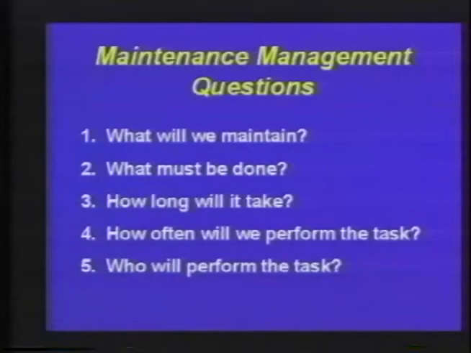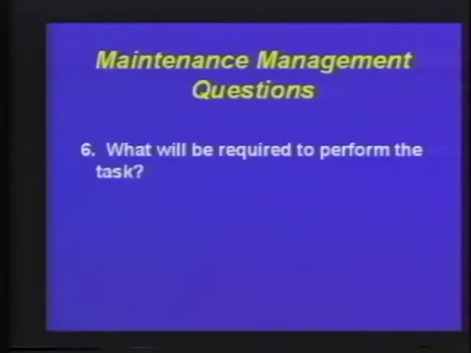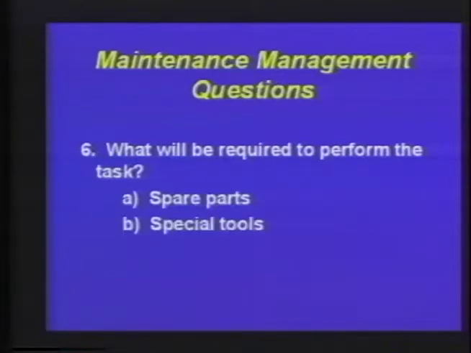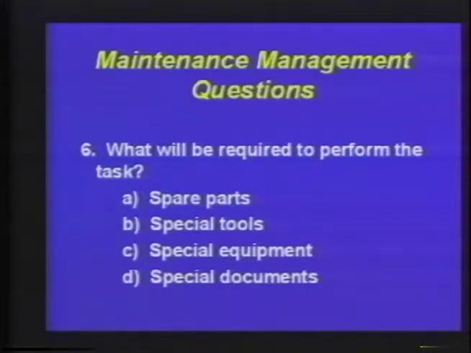Now, item number 5, who will perform the task? That is a function of the type of experience or craft personnel that are required to support that particular maintenance activity. And last, the 6th question addresses the requirements of spare parts, tooling, equipment, and special documentation.